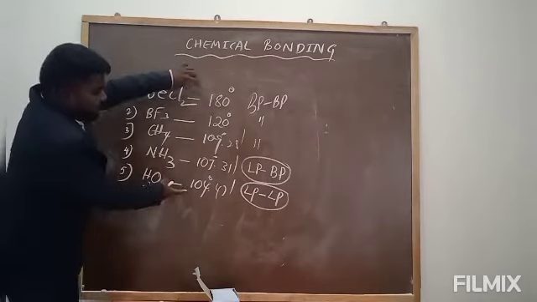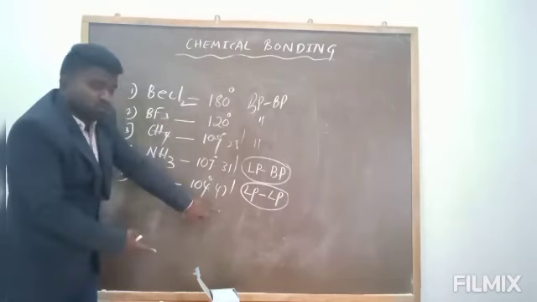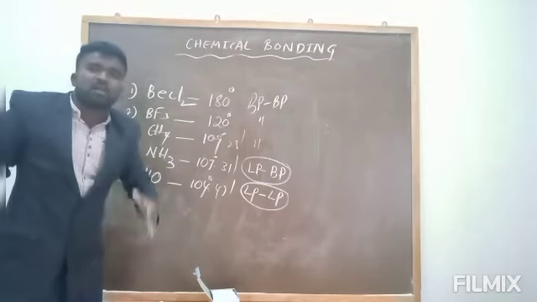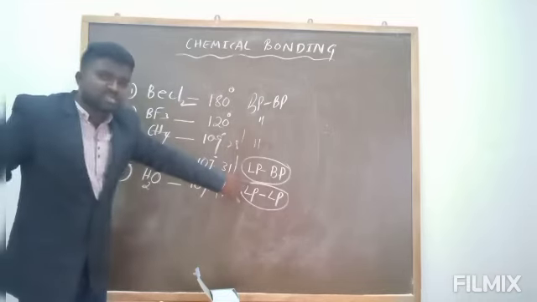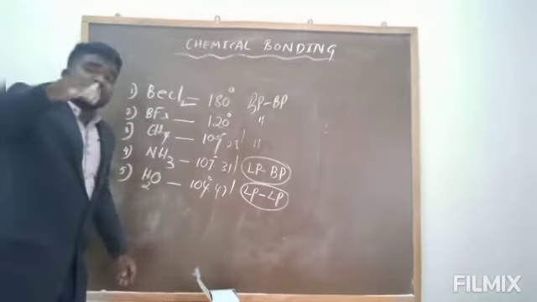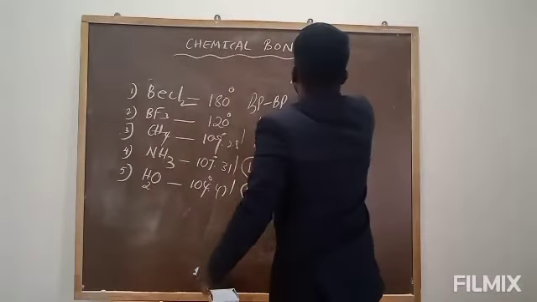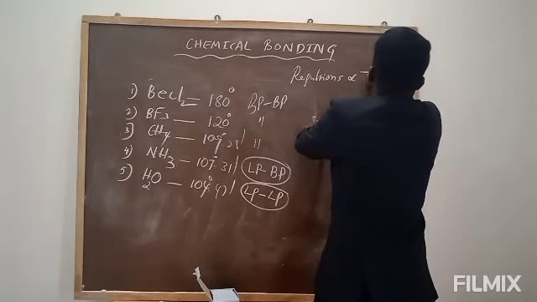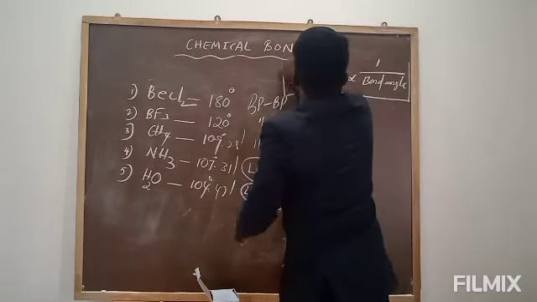So if you check the bond angles, the molecule having more lone pairs has a smaller bond angle. Due to repulsions, the bond angle decreases. If repulsions increase, the bond angle decreases. So repulsions are inversely proportional to bond angle.